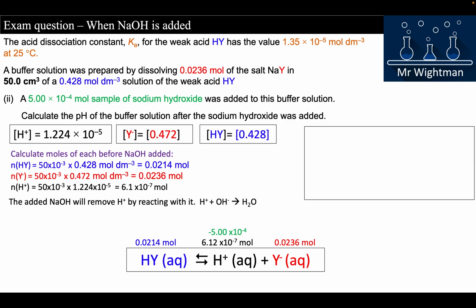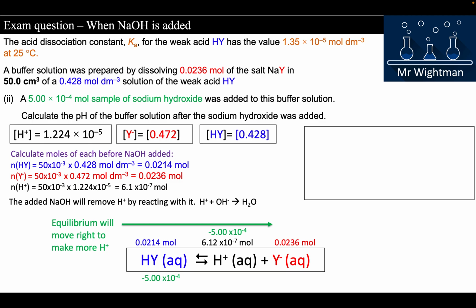However, because it's a buffer, it will try to resist the change in pH and therefore resist the change in H+. So in order to make H+ go back to what it was, the equilibrium will need to move right to make more H+, returning it to its original value at 6.12 times 10 to the minus 7. And therefore, if the position moves right, the HY must decrease by the same amount because the ratio is 1:1:1.